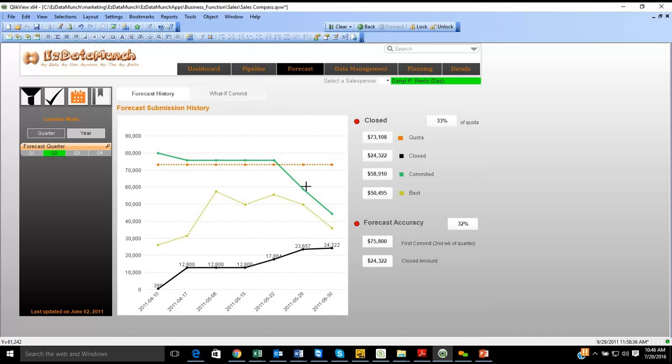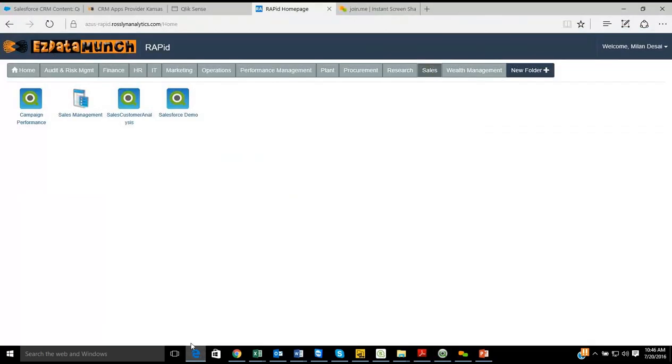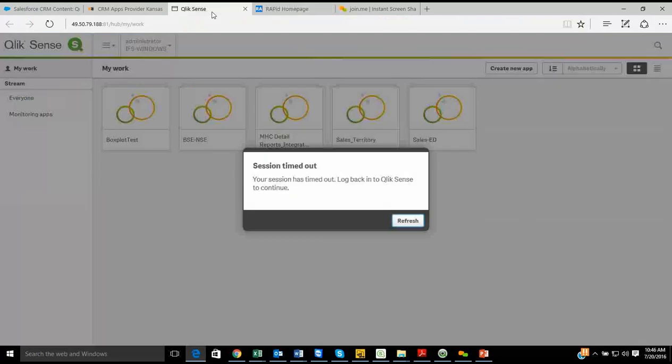I think this is where we are taking a more forecast-based approach, where we are forecasting the accuracy of the deals and the accuracy of the pipeline, and we have something on the predictive side which I wanted to demonstrate. So let me refresh that quickly since we are on the forecast, and I will go on and quickly show you that.